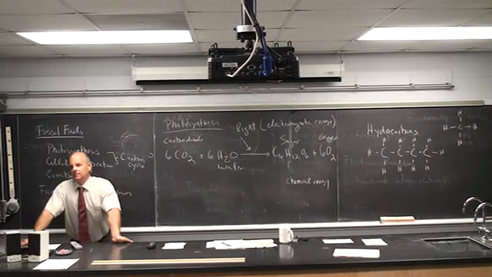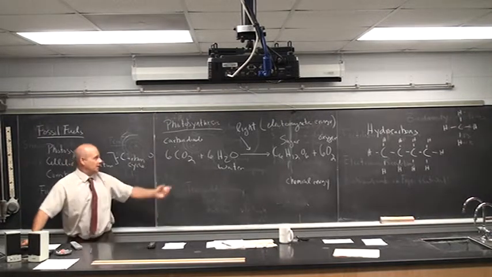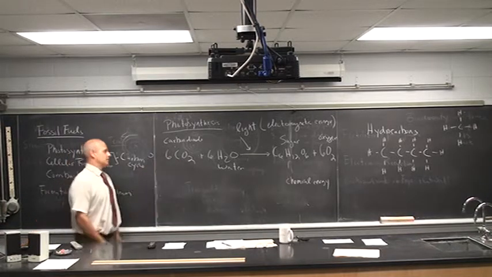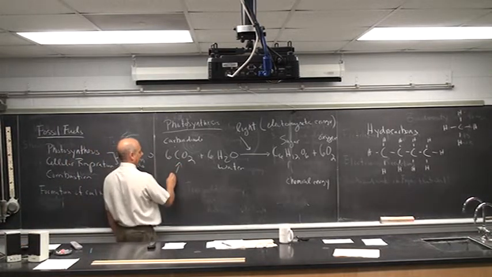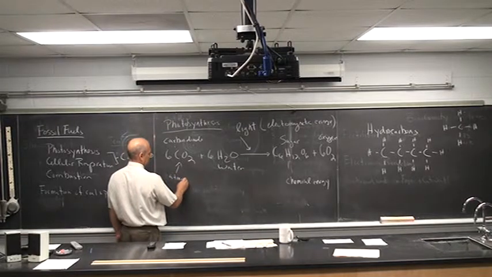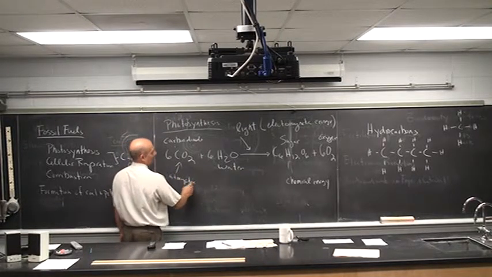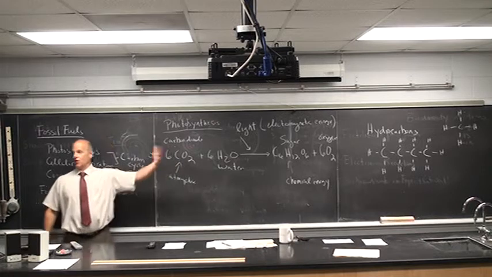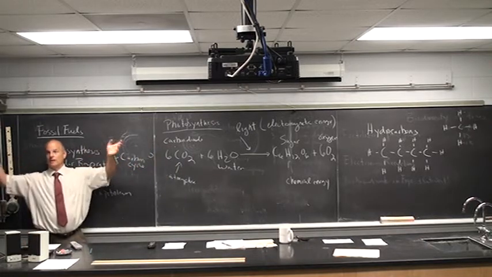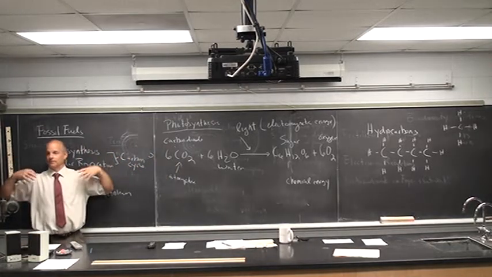So from this fairly simple formula, there's a lot of environmental science, because in a couple of weeks we'll be talking about climate change, and one of the drivers of climate change is carbon dioxide. This comes from the atmosphere. So if you have a lot of photosynthesis occurring, a lot of carbon dioxide is being sucked out of the atmosphere.